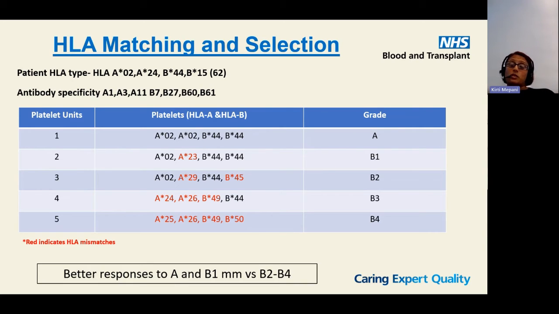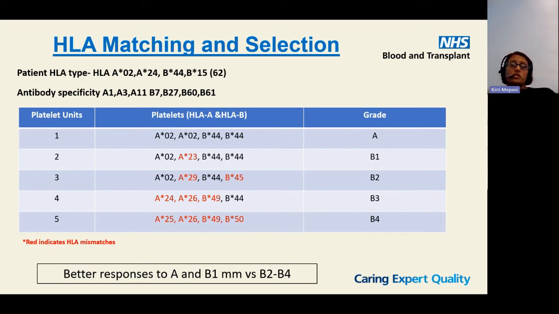Now, this just goes with the years of experience that I know that the A24 from the patient's HLA type and the A23 shares the same epitope, so that I know that the patient should do well with that. And then the next three, 4, and 5 donations, which are 2 mismatches, 3 mismatches, and 4 mismatches.